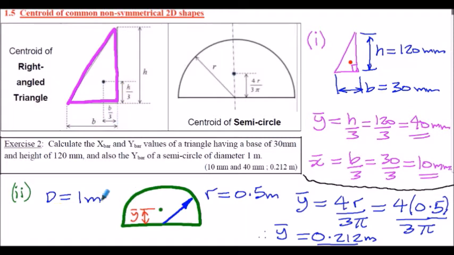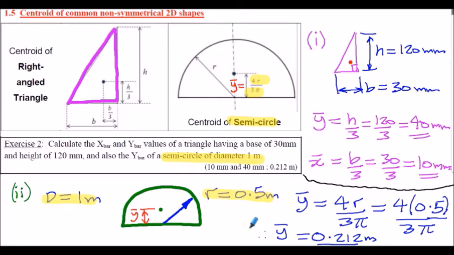And for the second part of the question, we're told that the semicircle has a diameter of 1 meter. Notice in the formula for the semicircle, the y bar location is defined as 4r divided by 3 pi, so be careful here. We're given a diameter of 1 meter, so the radius in this case will be 0.5 meters.